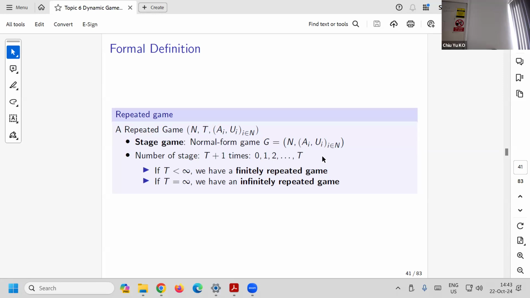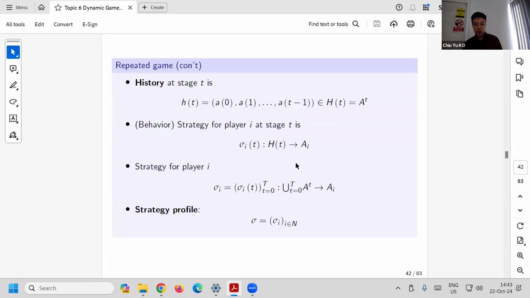Just remember when we had the prisoner's dilemma, any finite T only has one outcome. But when you go to infinity, then actually a lot of outcomes are possible. So you can't really solve the finite and take infinity. They're very different animals. And sometimes the outcome in the finitely repeated game may not even be in the same set.